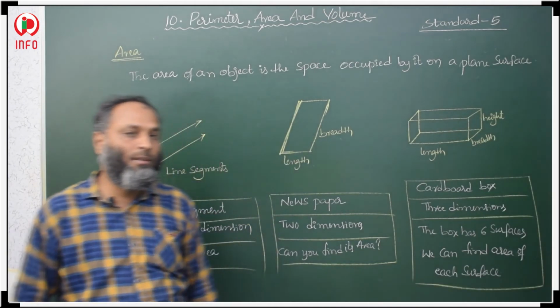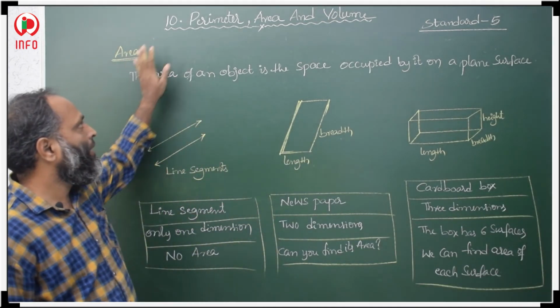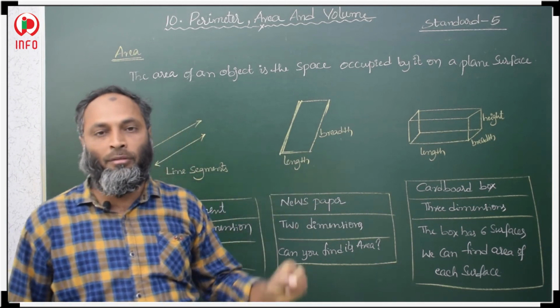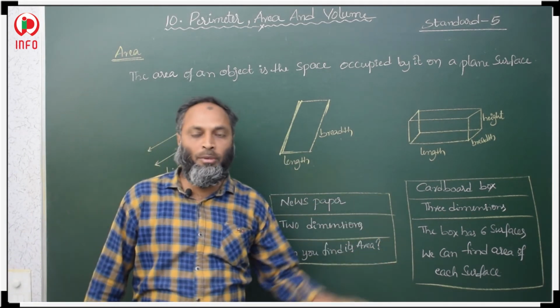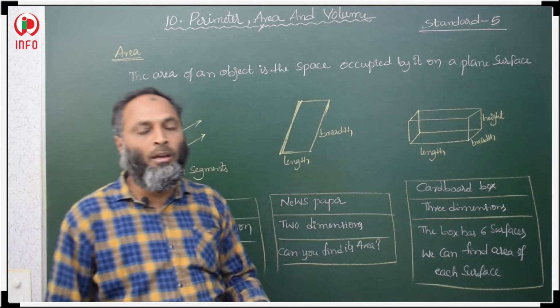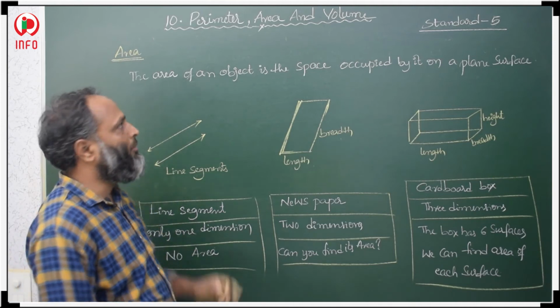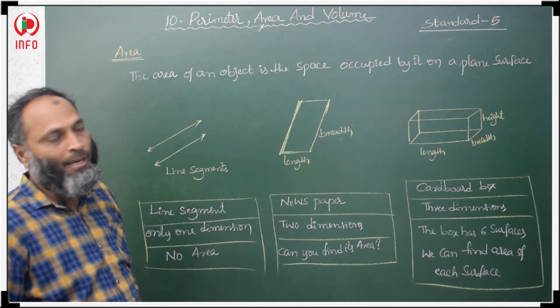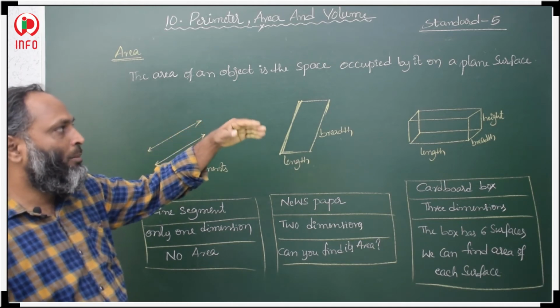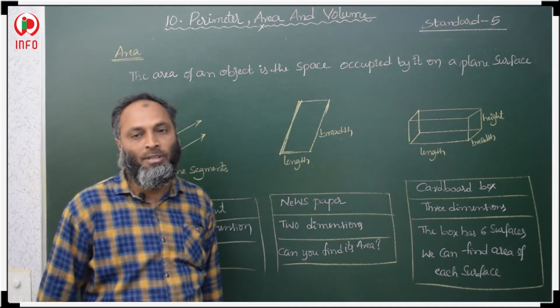Now the next concept, area concept. The perimeter we discussed and completed. Perimeter of a rectangle, perimeter of a square, perimeter of closed polygons, that we did. Now we are going to discuss about area. What is area? The area of an object is the space occupied by it on the plane surface.